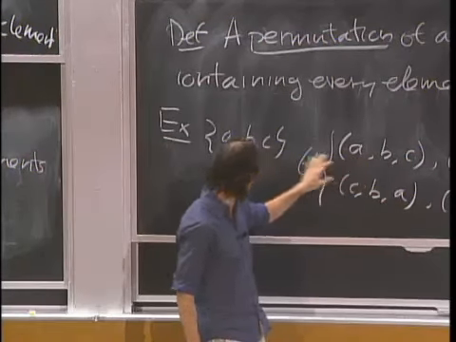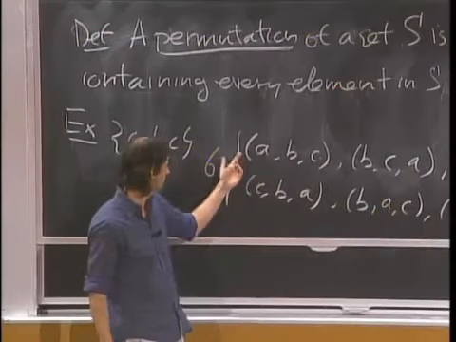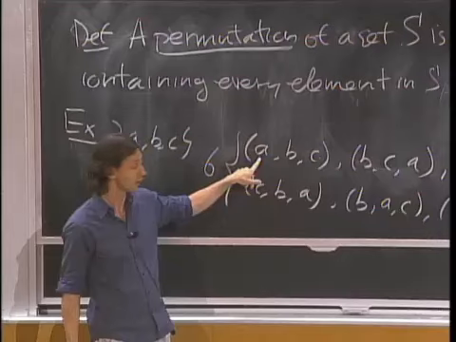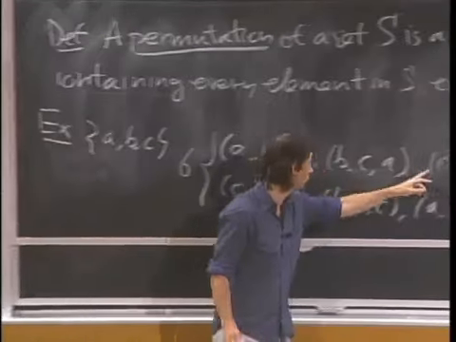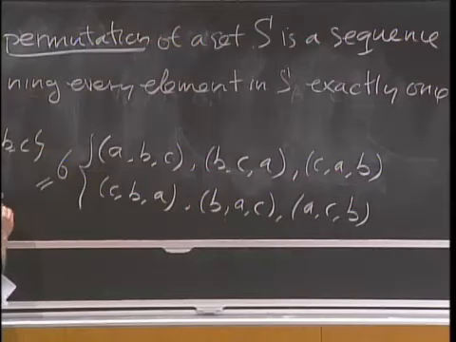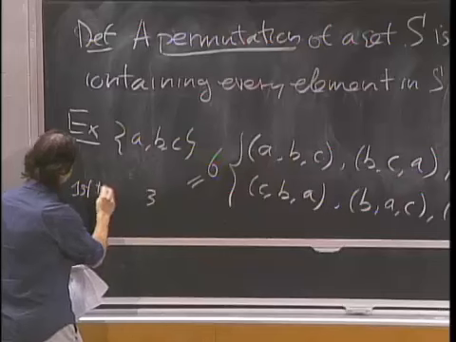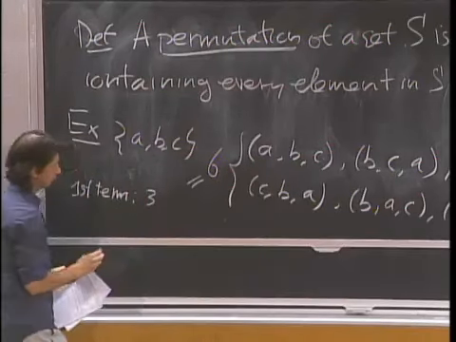If I want to create a permutation of a set, I may start off by selecting for the first term A, B, or C. So I actually have 3 choices. So the first term has 3 choices.